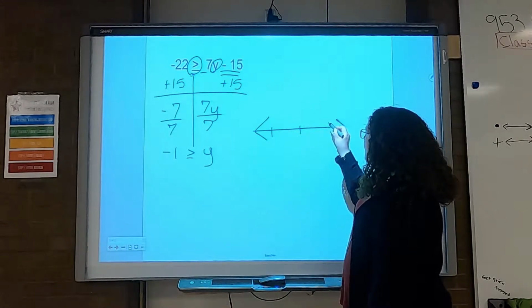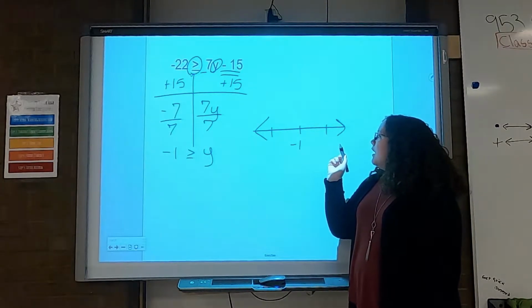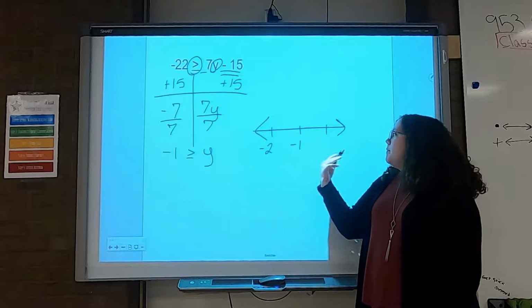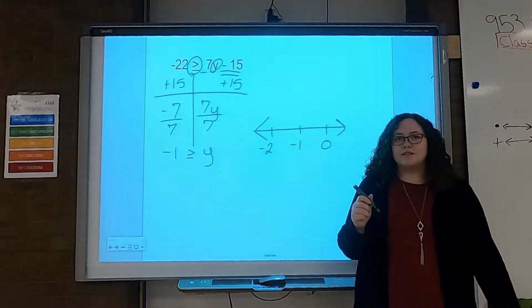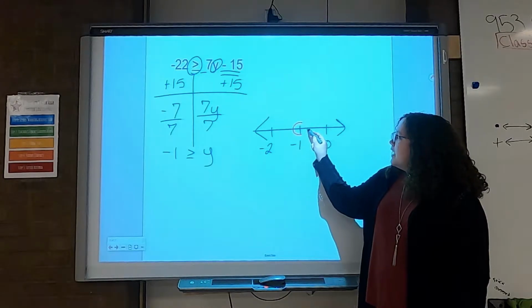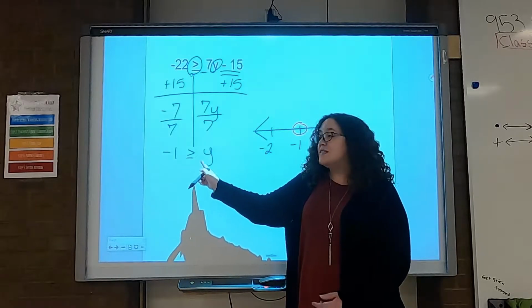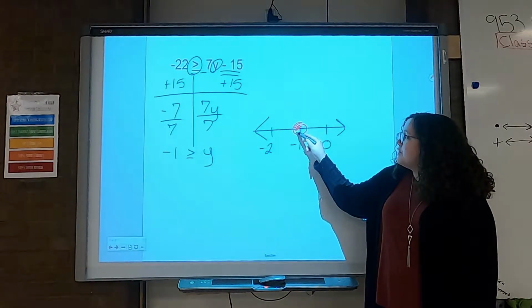We only need 3 numbers here. We've got the one we're focusing on, -1 in the center, 1 smaller, -2, 1 bigger is a 0, because remember, these are negative numbers. I'm going to circle the one we're starting at, double check, yes, we do have a line under this, which means this -1 is included. I'm going to fill that in.